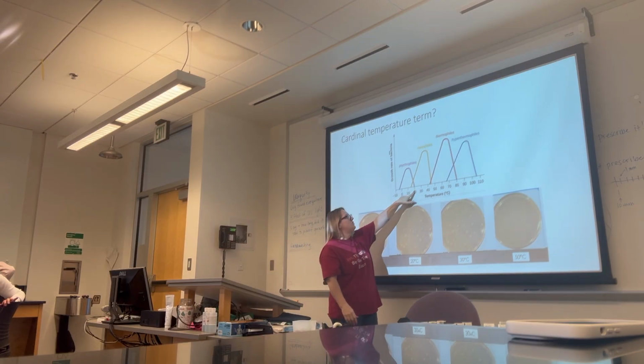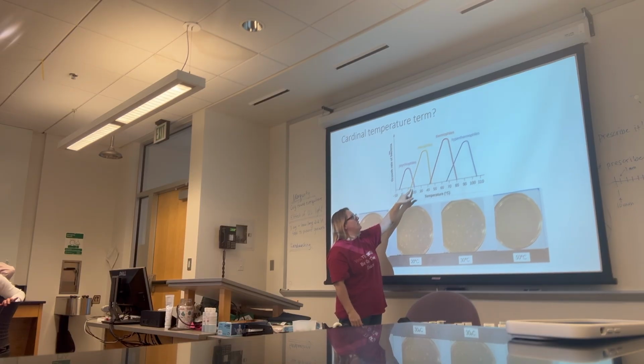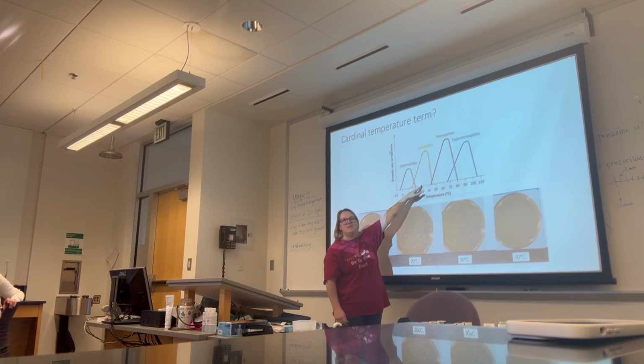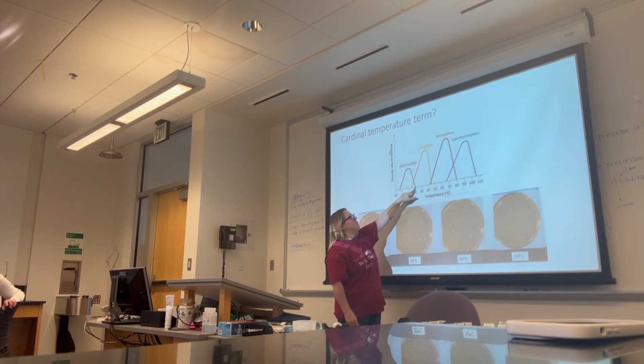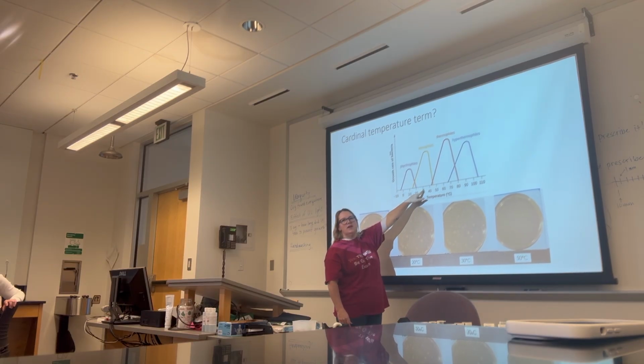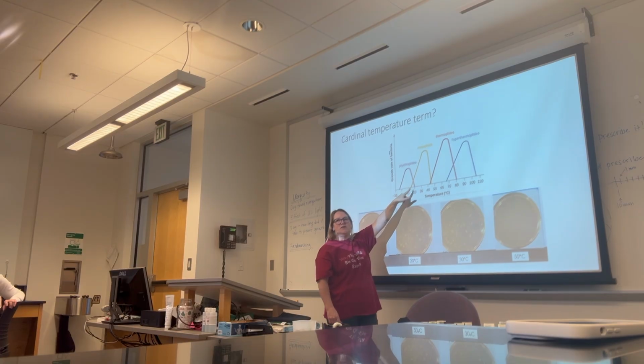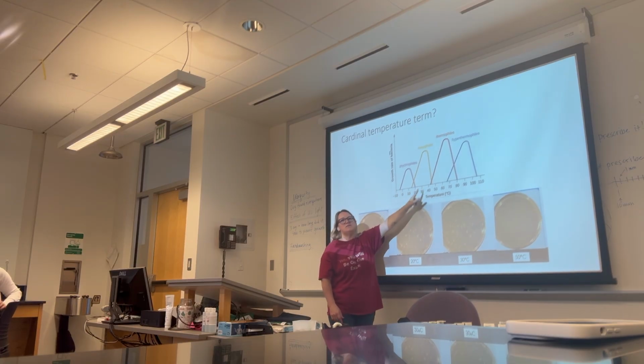So 20 and 30, the only curve that both of those temperatures are under is the mesophile. The 20 is touching the psychrophile, but psychrophiles cannot grow at 30, and so it can't be psychrophile. It is just the mesophile.